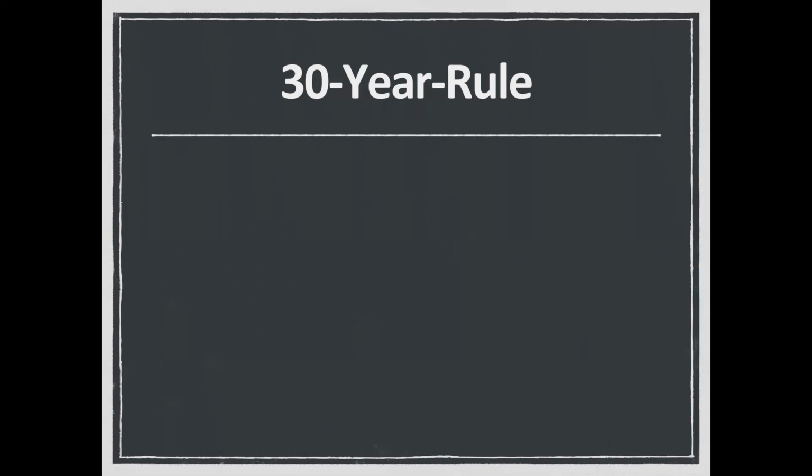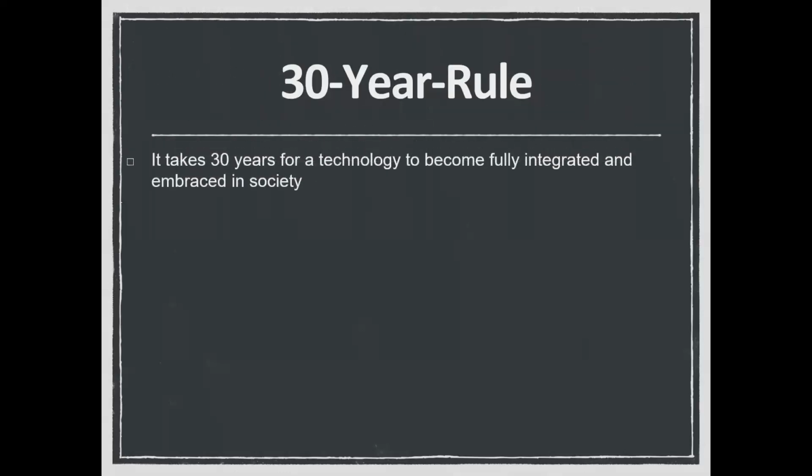They looked at history and said, this seems to be the pattern of how technology is incorporated into a society. The basic premise here is that it takes 30 years for a technology to really be embraced by a society, right? It takes 30 years before a technology is fully integrated into a society.